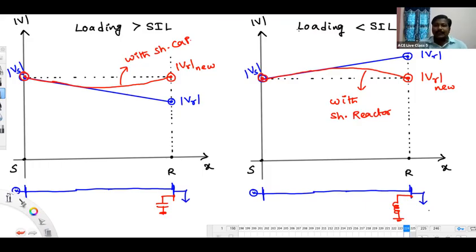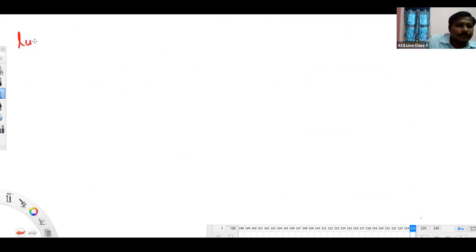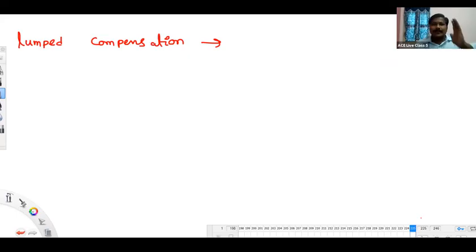See, actually, this type of compensation we have provided to improve the voltage profile is going to be called, listen to my words, lumped compensation. Lumped compensation means keeping the compensator at only one place, keeping the compensator across the load or at the receiving end side.